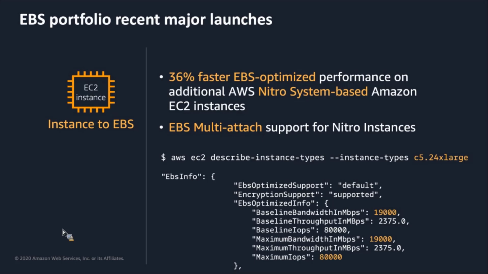This is a describe instances API call. For EBS volume types, it is a describe volumes API call. Combining these two, you know what your EBS volume can deliver, and you know what your EC2 instance can deliver with respect to performance.